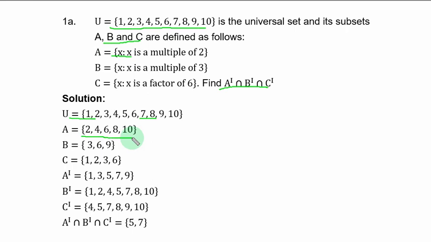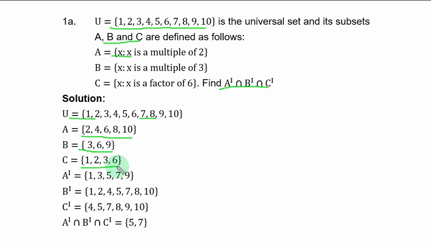From the universal set, all the numbers that 3 can divide are 3, 6, 9. Then the subset C, the factors of 6, are the numbers that can divide 6 without a remainder. From the universal set, you have 1, 2, 3, 6.